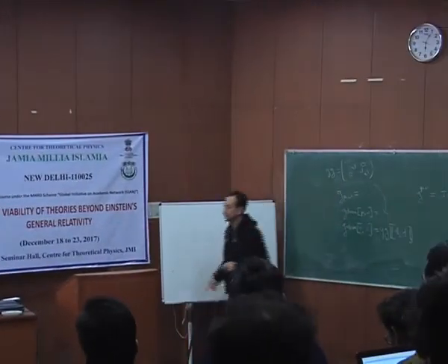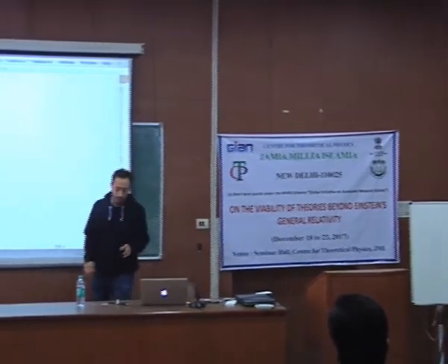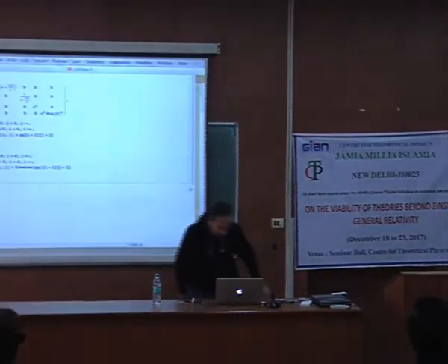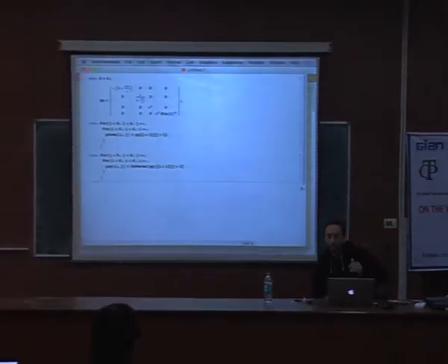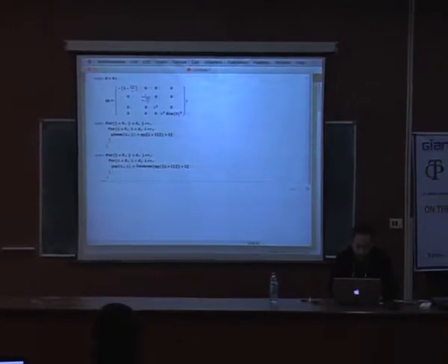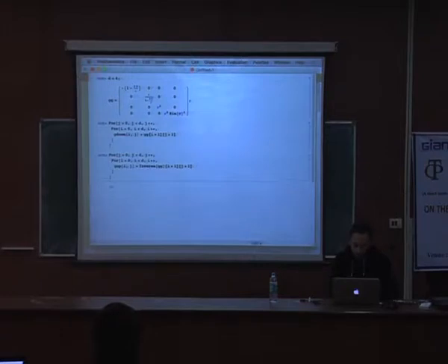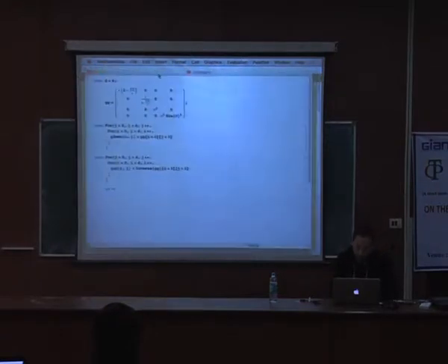But before that, I have to say what the coordinates are, because I have to make derivatives, so I have to say that x0 is time, x1 is x, etc. So I will put them as rules. This is what I did. It doesn't mean that this is the smartest way, but this is the only way I found to do it.